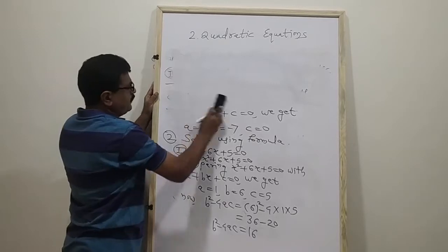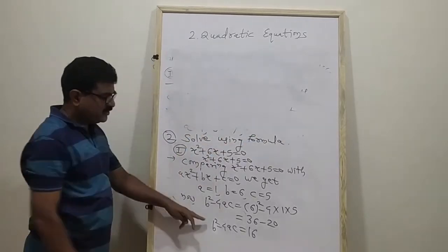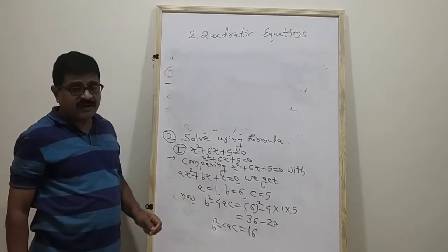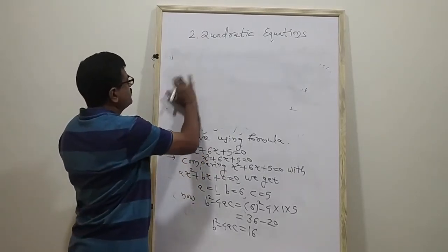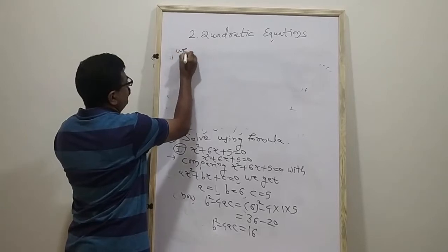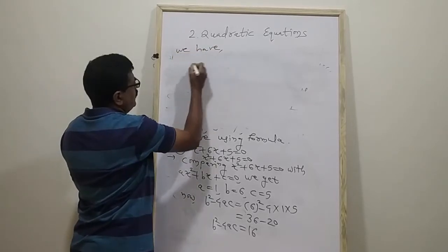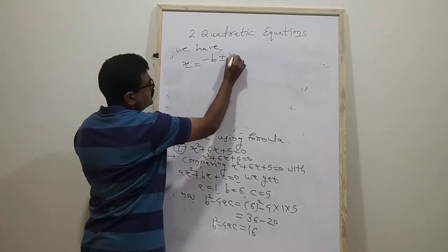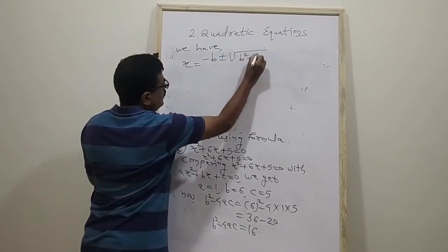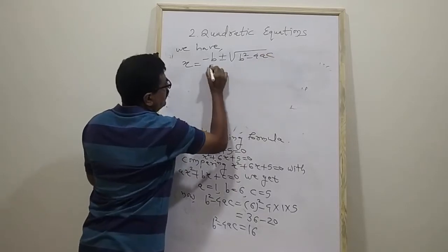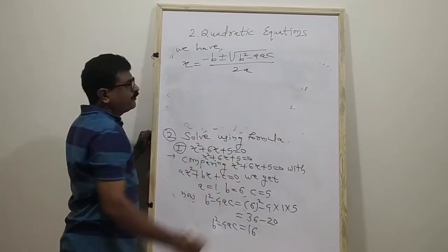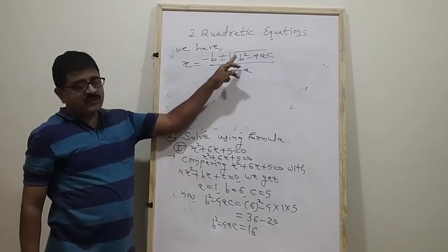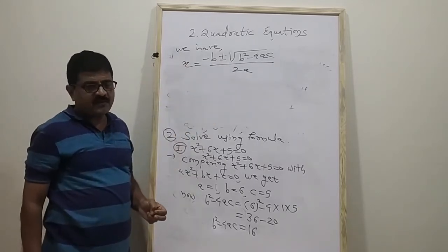Now write down the formula. Here in this example the variable is x, therefore write down the formula in the form of x. Now we have the formula x is equal to minus b plus or minus square root of b square minus 4ac upon 2a.